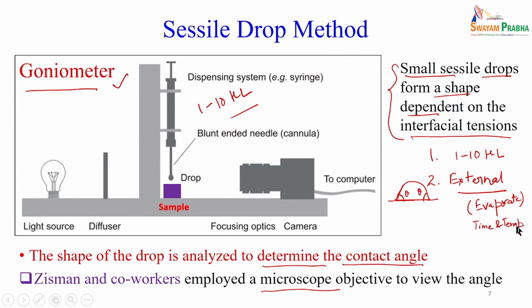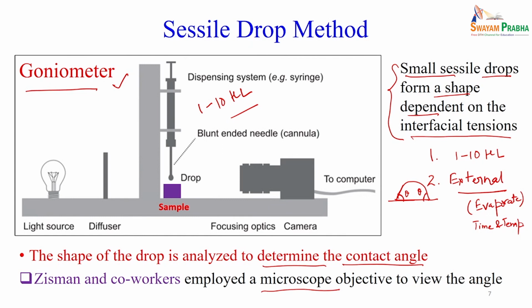So, we have to maintain the temperature in such a way that there is minimum or no evaporation of the liquid, and try to keep the volume of the drop as small as possible.